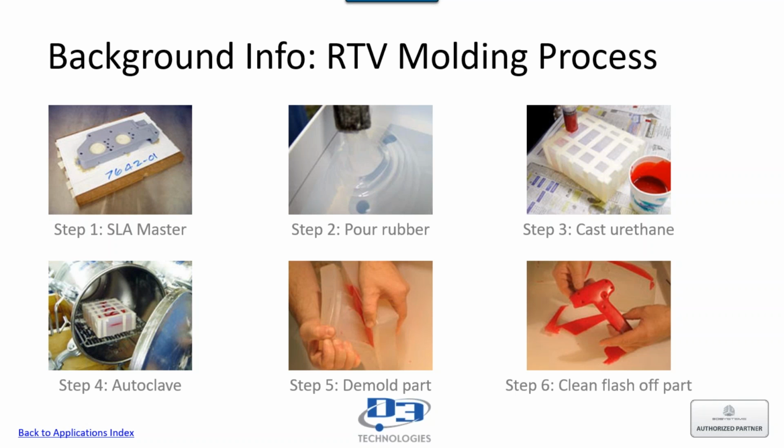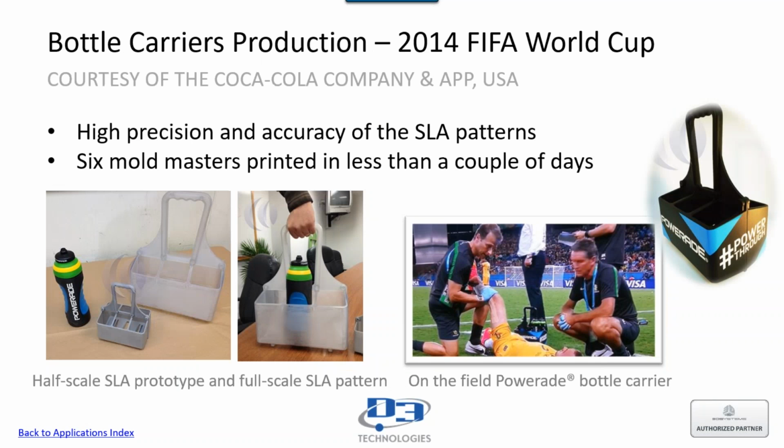So first you're going to create your master, then you're going to pour your rubber. Step 3, you're going to do your cast urethane. Then you're going to autoclave that, and then you're going to demold the part and clean the flash off of the part itself. So that's kind of, as a rough piece, what can be accomplished with RTV.